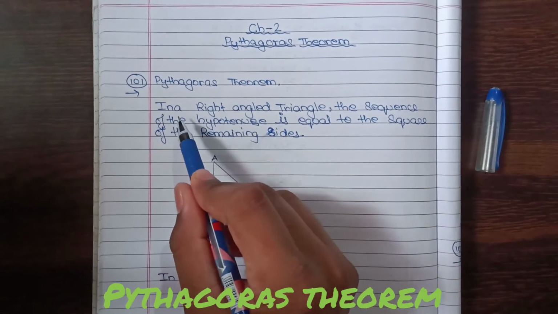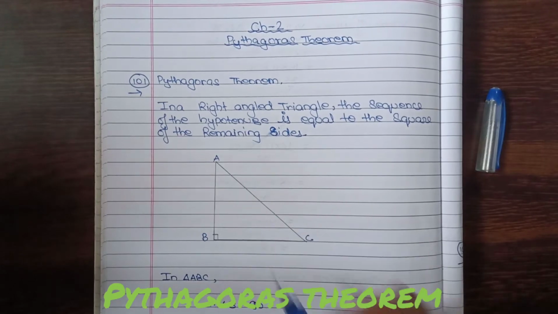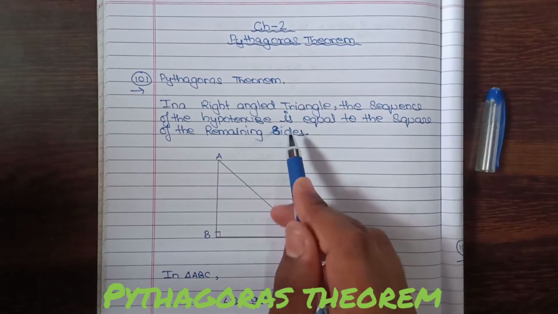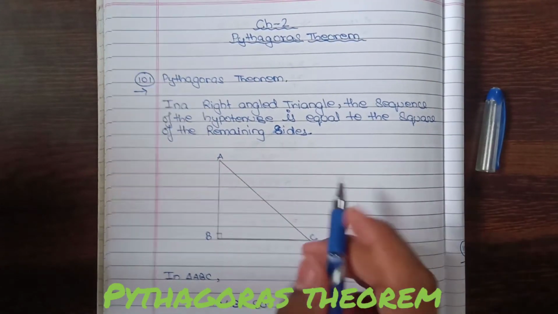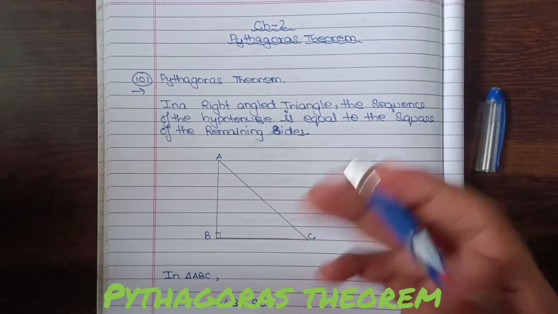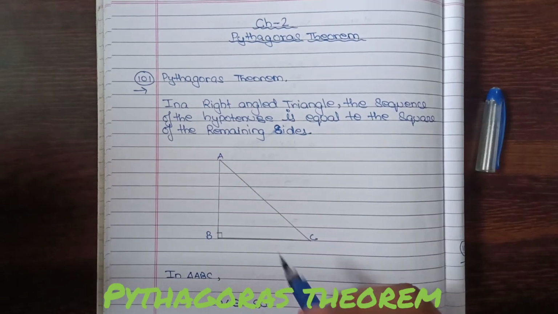Pythagoras theorem means that in a right angle triangle, ABC is a right angle triangle, the square of the hypotenuse is equal to the sum of the squares of the remaining sides. First of all, I would like to tell you that AC is regarded as the hypotenuse. You may have learnt this in 9th standard, but just for reference I told you that AC is the hypotenuse.